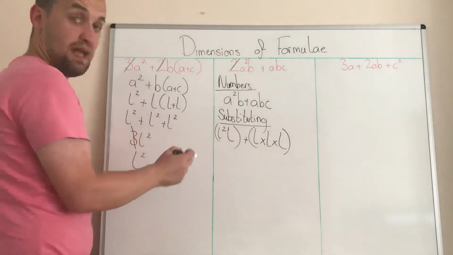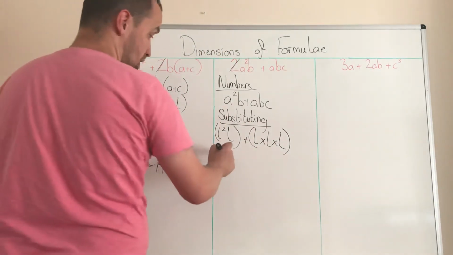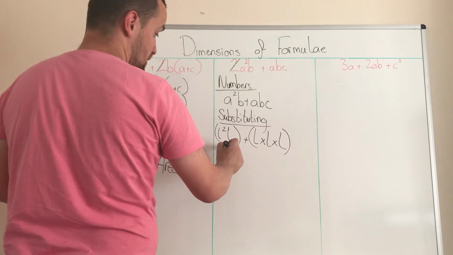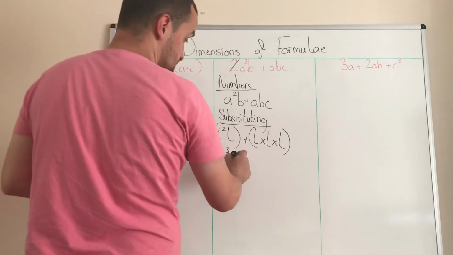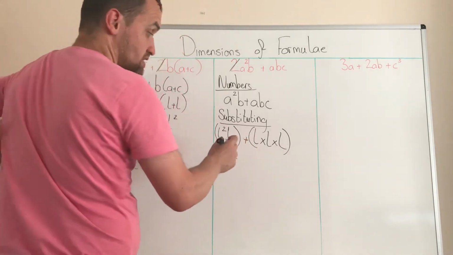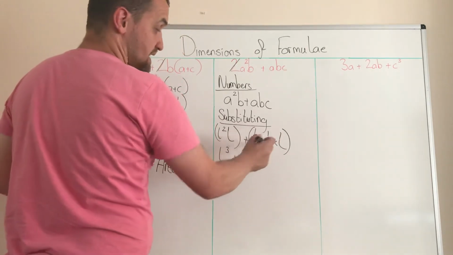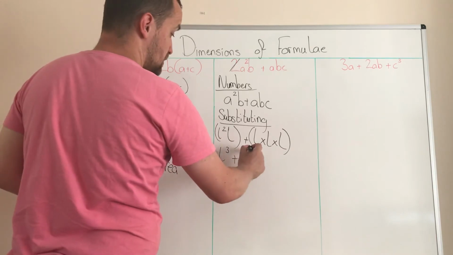If I've got L squared and I times it by L, I end up with L cubed. Plus hasn't changed. And we've got L times L times L, which is L cubed.